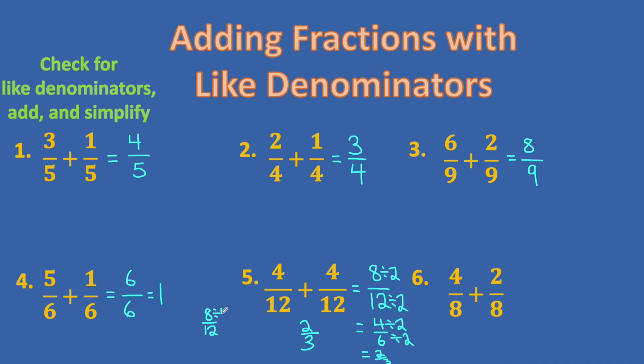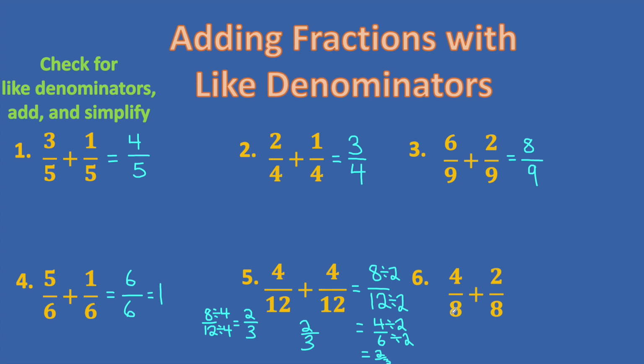If you divide top and bottom by 4, you're going to get the same answer. So we have 8 divided by 4, which equals 2, and 12 divided by 4 equals 3. So these are 2 ways that you can get this answer, 2/3.